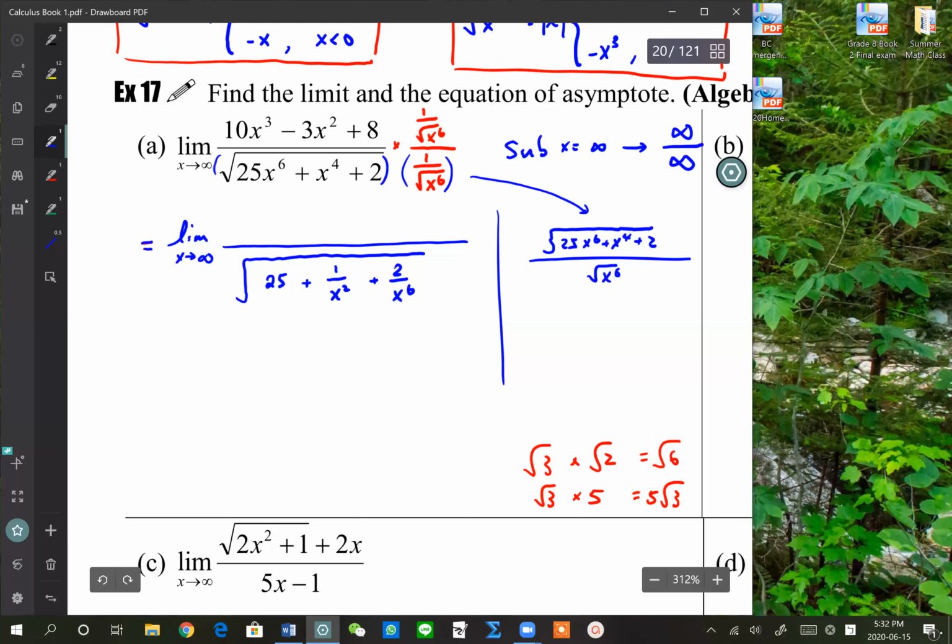So pretend you don't see the numerator right now, right? And then because they both carry square root, I can write it together. So it'll be 25x to the 6 plus x to the 4 plus 2 over x to the 6. Agree? Yeah. And then you just split up the fraction.